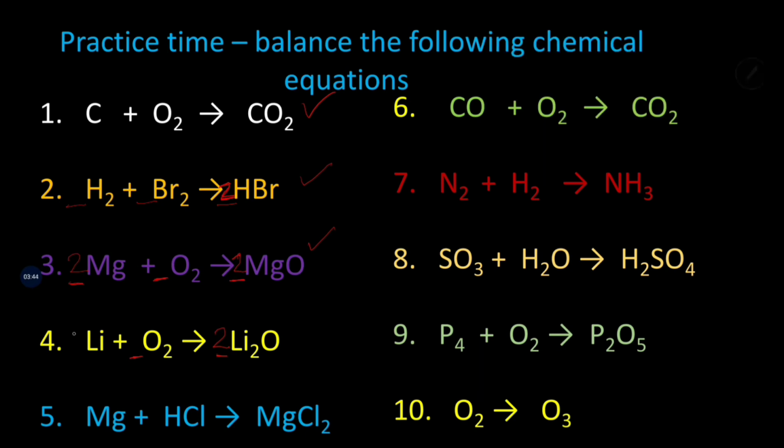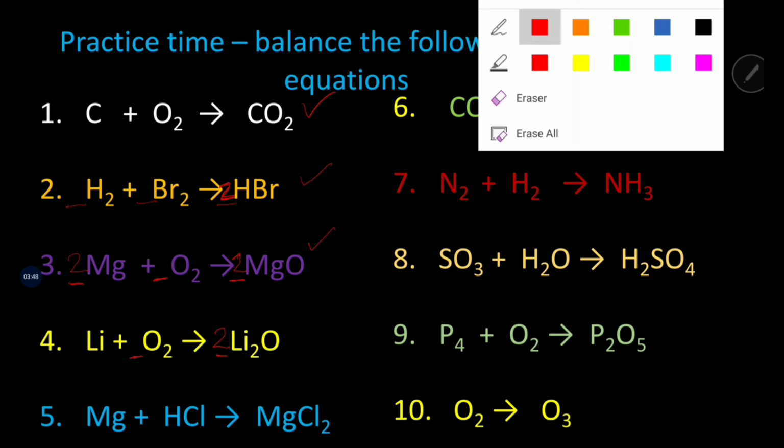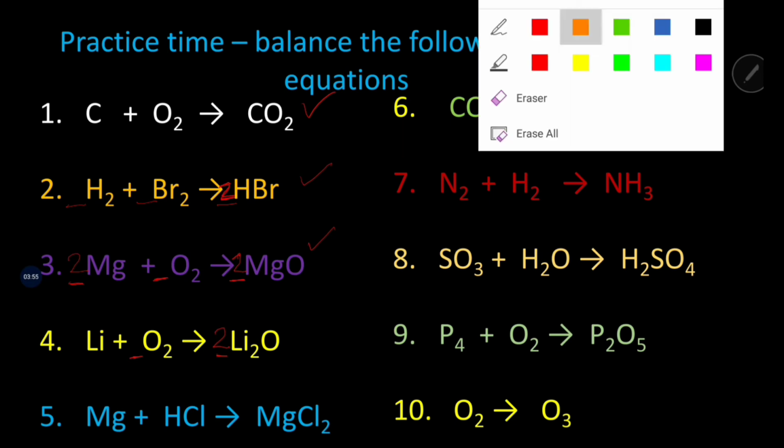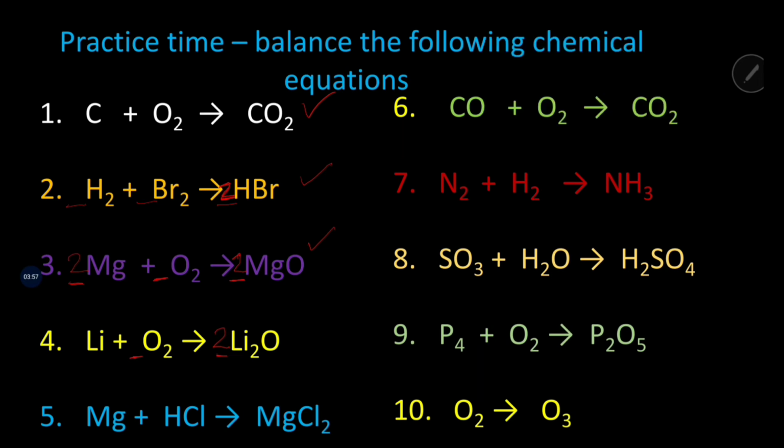Okay. The pen was playing games on me, but I finally got it to work. So there are 4 lithiums on the left hand side, 4 lithiums on the right hand side, 2 oxygens on the left hand side, 2 oxygens on the right hand side.